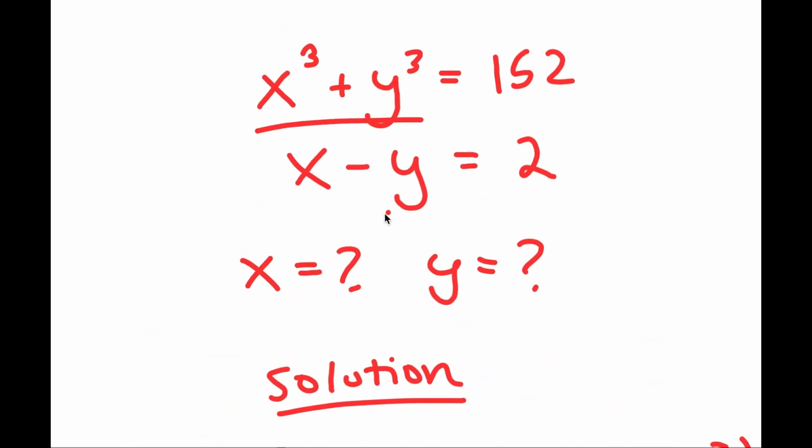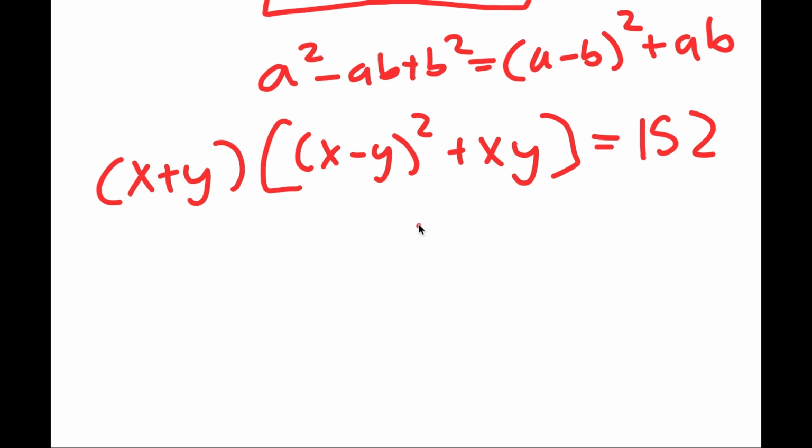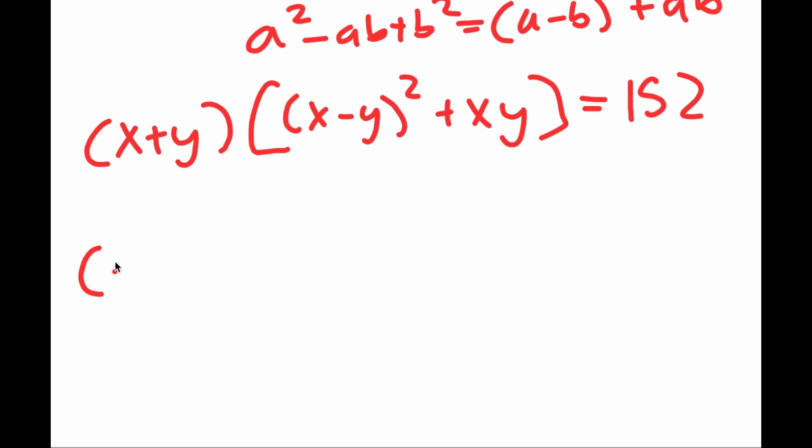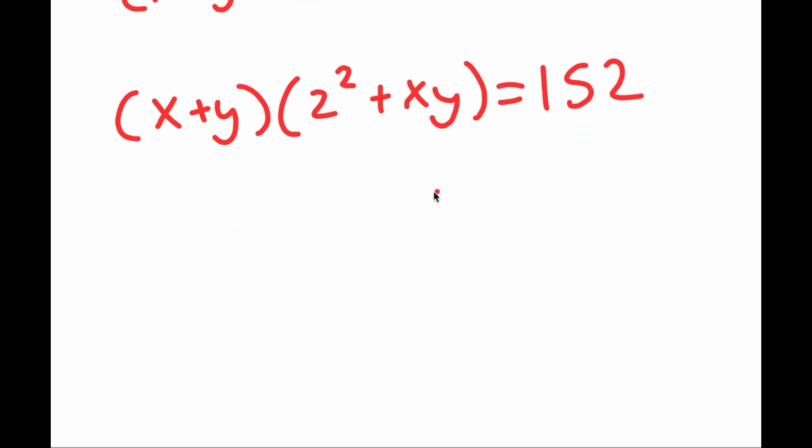Now, going back over here to my second equation, we have that x minus y is equal to 2. And notice how we have x minus y squared over here. So I can just plug in 2 for x minus y, and now I get x plus y times 2 squared plus xy is equal to 152.